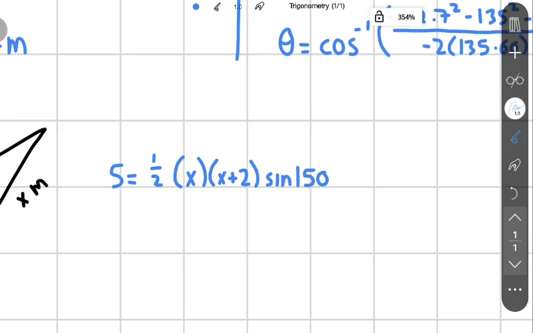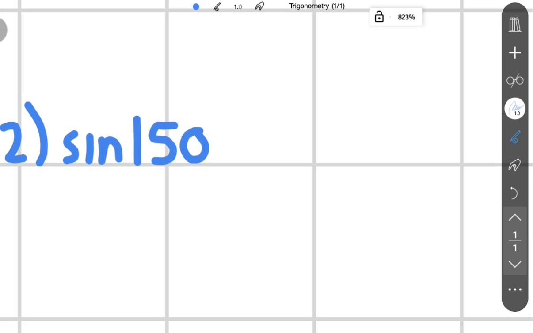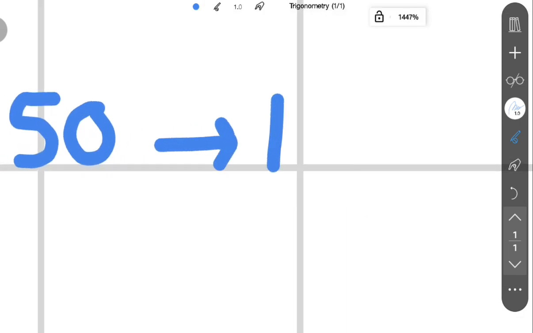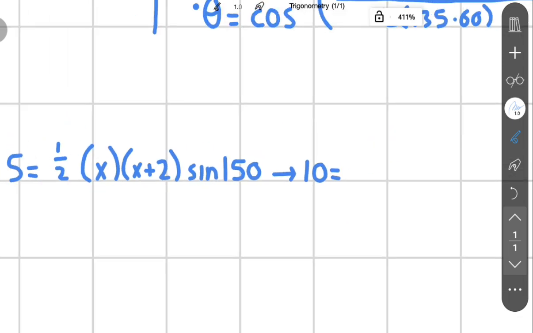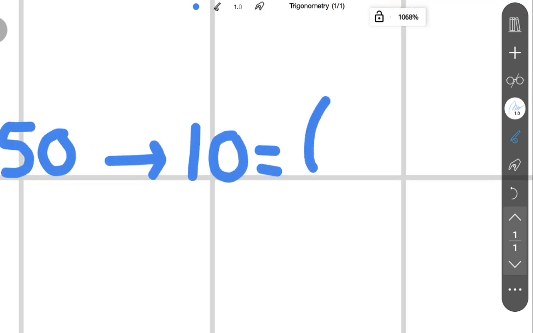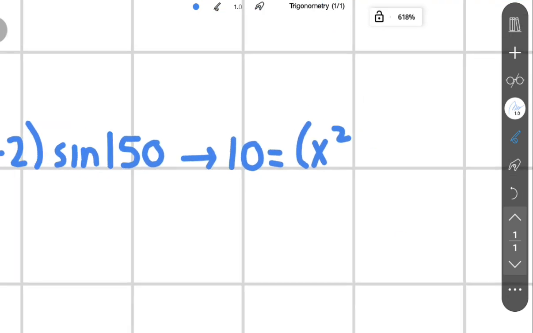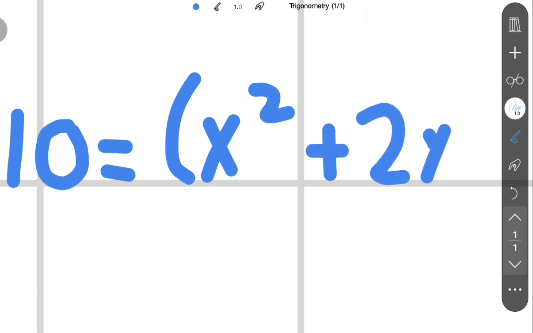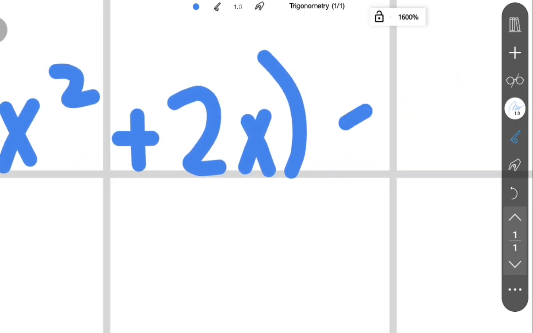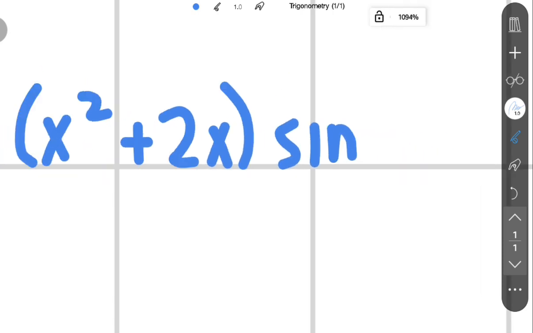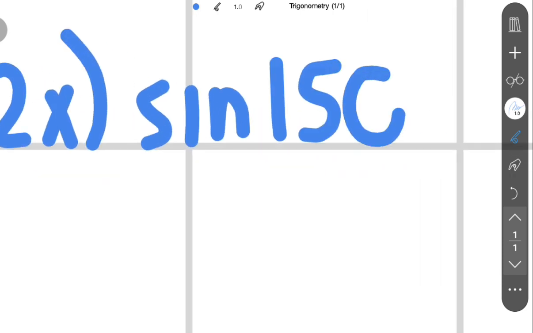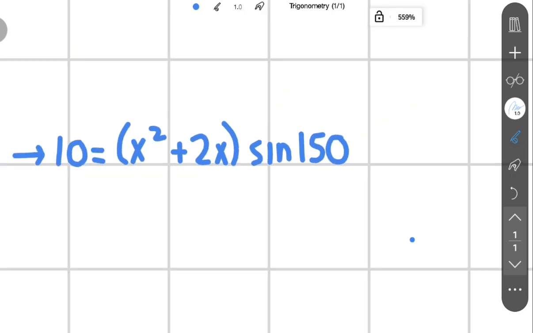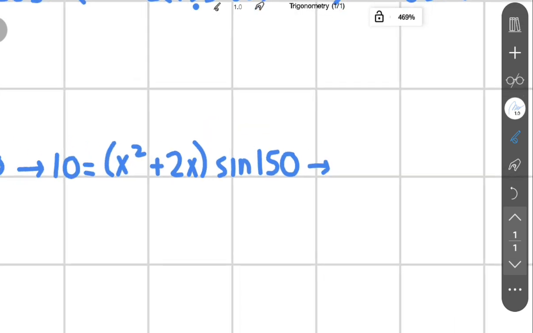So if I just multiply both sides by 2, I'll be left with 10 is equal to x squared plus 2x sine 150. If I divide both sides by sine 150, then I'll be left with 10 over sine 150, which is basically equal to 20.